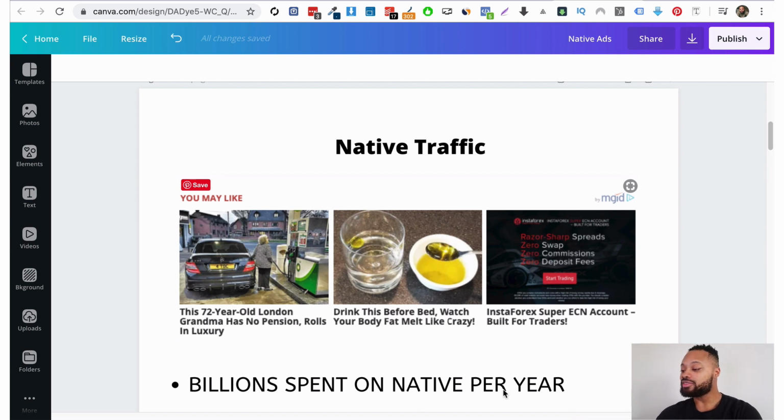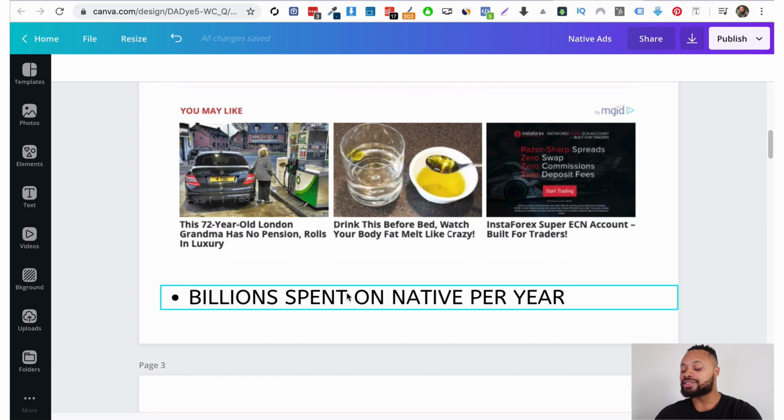Now, billions are spent on native per year. It's a very, very big traffic source. Don't get me wrong, you're facing a lot of competition with native. However, there is a lot of traffic, so if you know what you're doing, you're just capturing that traffic.